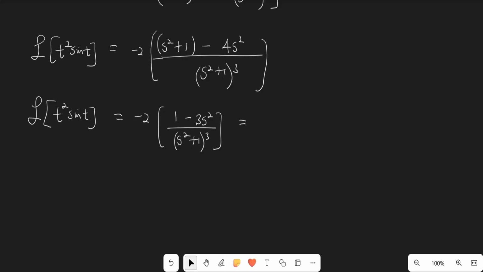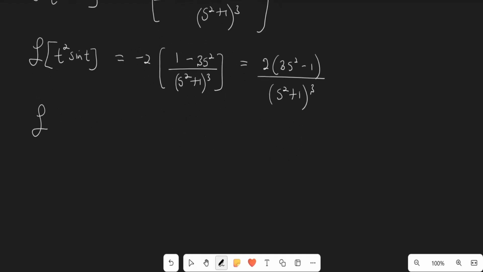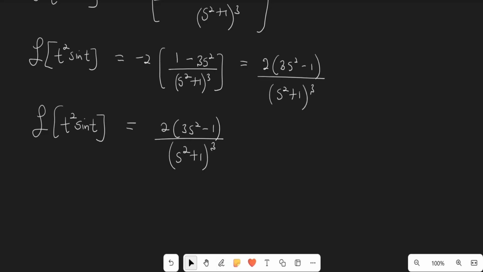Now multiplying by negative 2, we have 2 outside, then 3s squared minus 1, since we are just multiplying by negative 1, all divided by s squared plus 1 all raised to the power 3. So finally, the Laplace transform of t squared multiplied by sine of t is equal to 2 times 3s squared minus 1 all over s squared plus 1, all raised to the power 3.